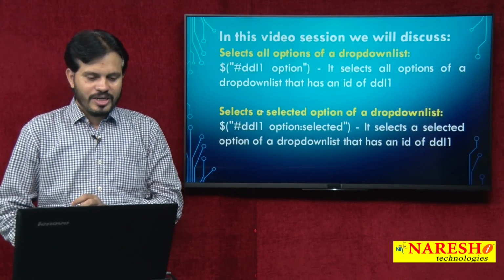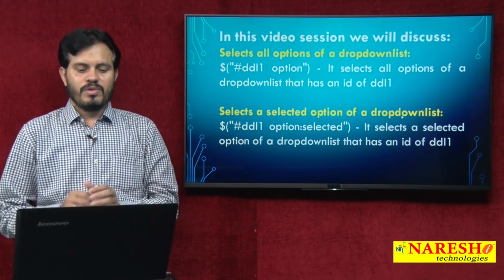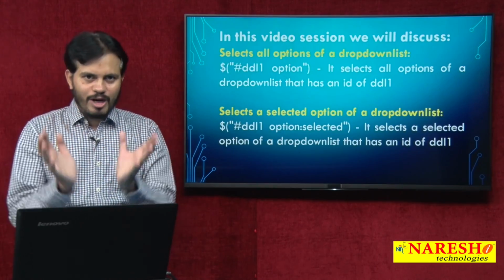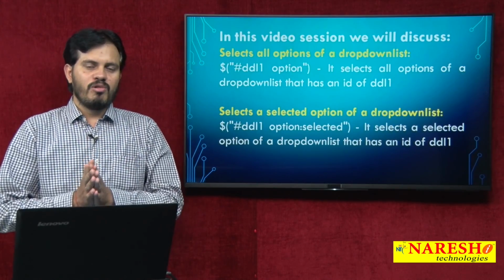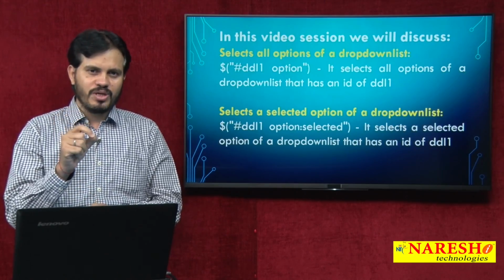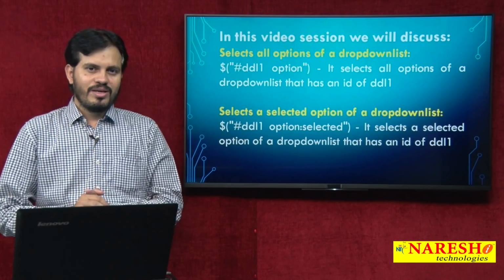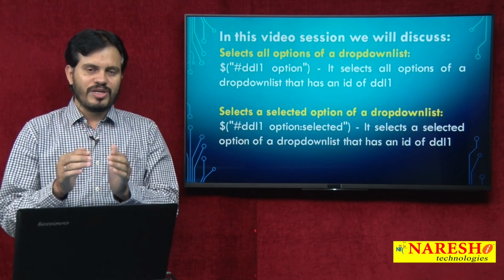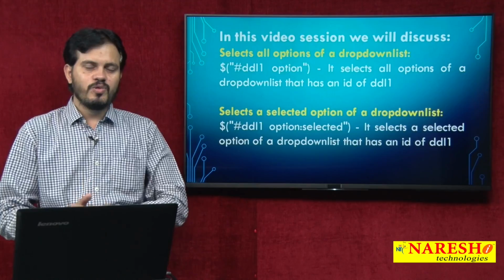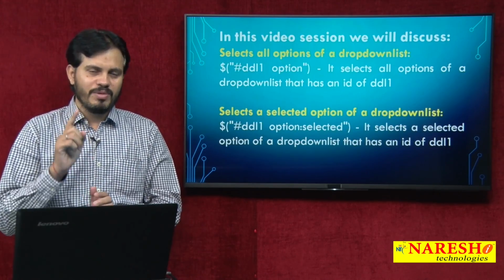Second one: select the selected option of a drop-down list. That means don't select the entire set of options; we only need to filter to fetch the option which is already selected. We know very well that in a drop-down list created using the select tag, the user cannot select multiple options, only one option can be selected.